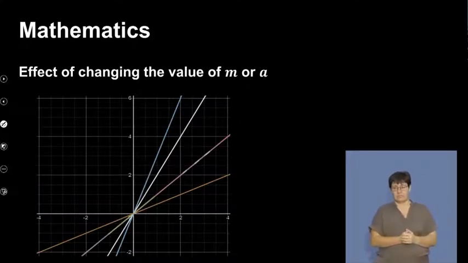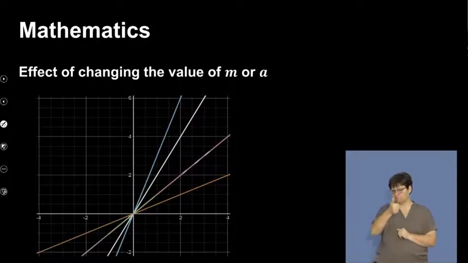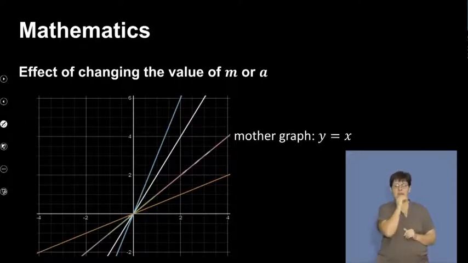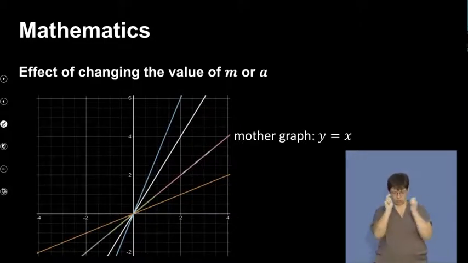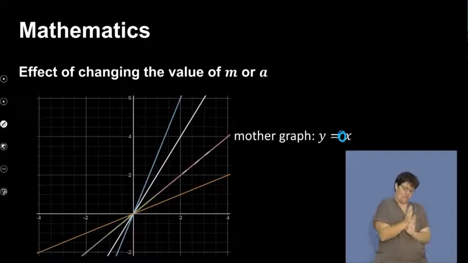Now the effect of changing the m or the a: firstly, we need to look at which one is the main graph here. The main graph, we call it the mother graph, which is y equals x. Now I want to change this around. Changing it means that I must change the m or the a value, which is normally in front of the x.